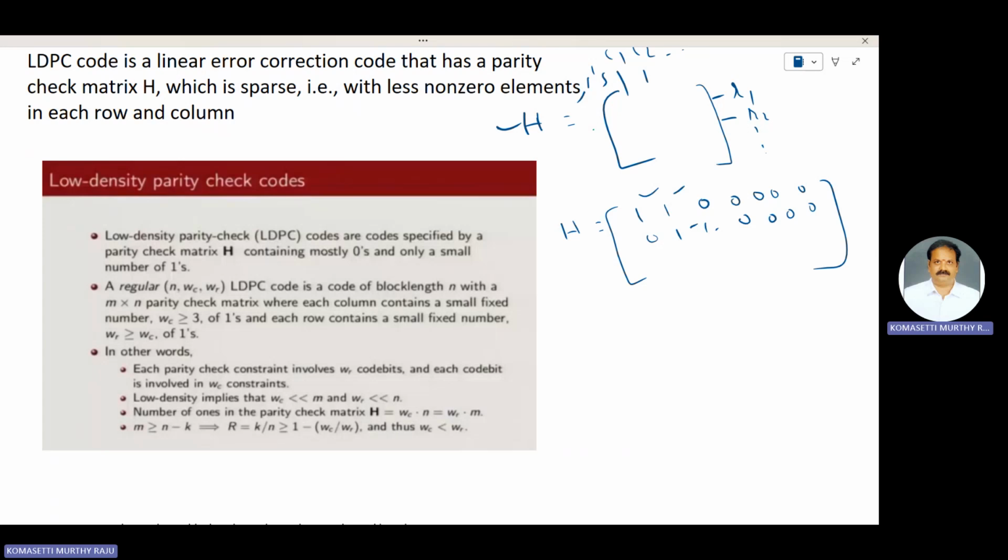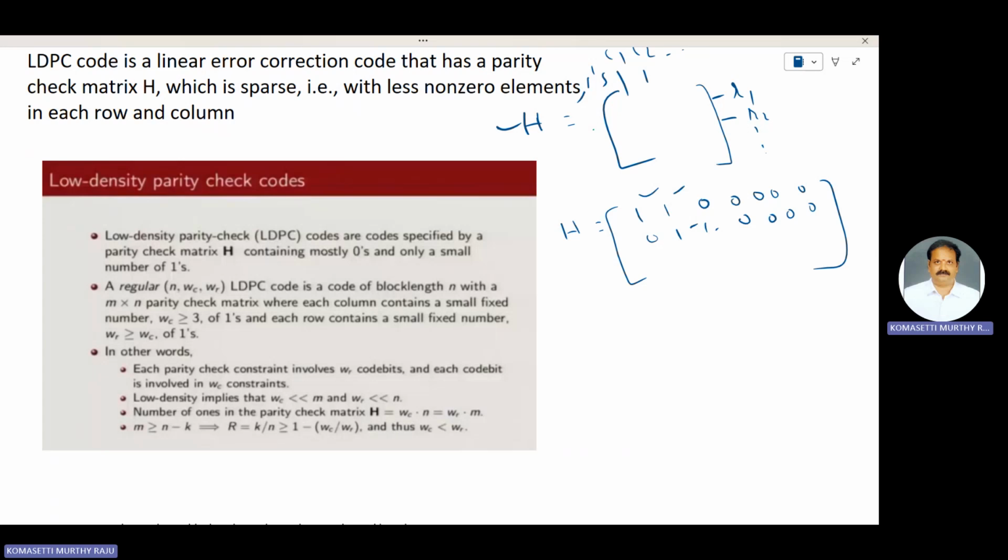LDPC codes are of two kinds: regular and irregular LDPC codes.